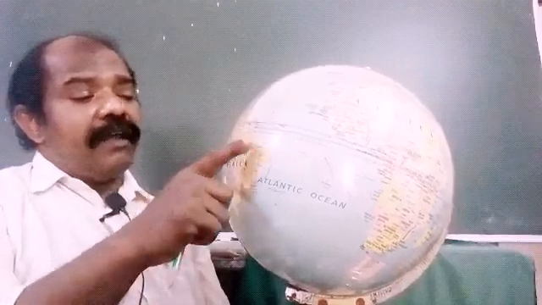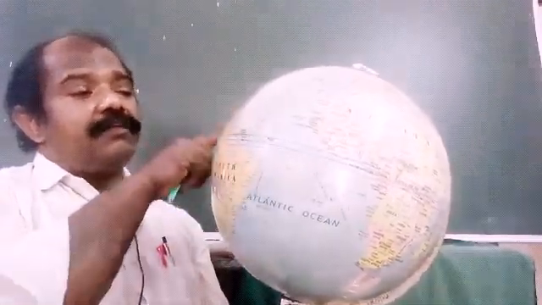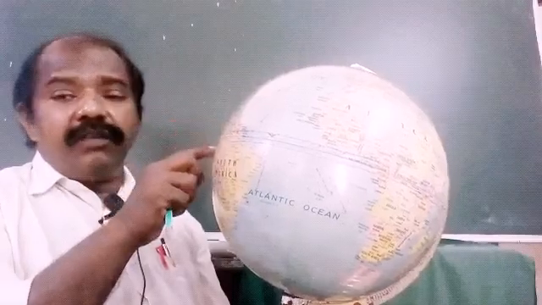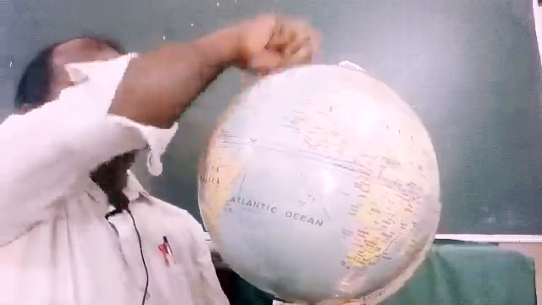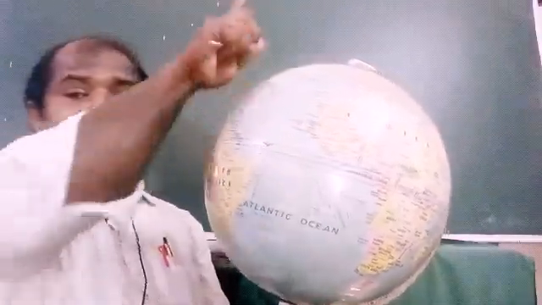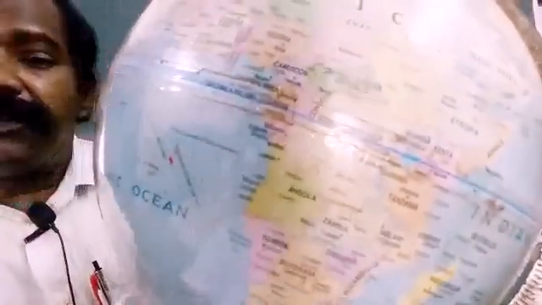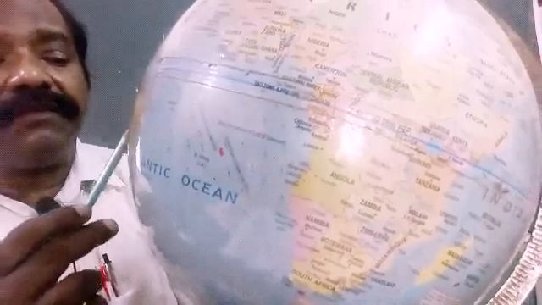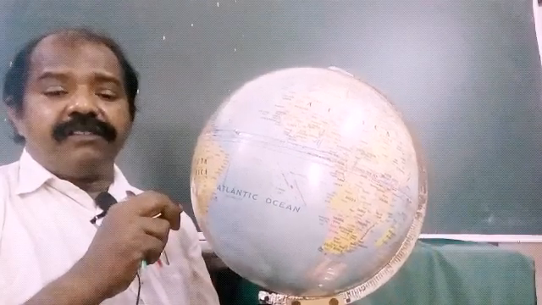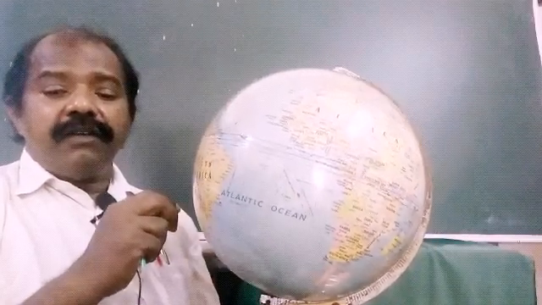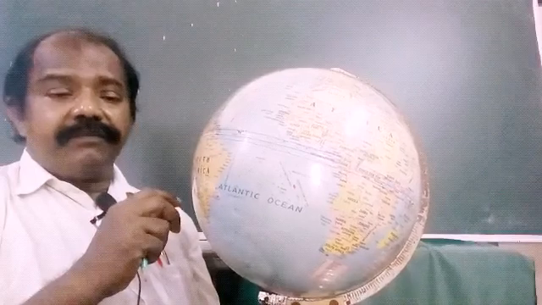Also you can see some more lines moving horizontally like this, parallel to the equator. Some more lines going around the globe. So, in your textbook, if you observe, a globe picture is there, and in that picture this is given.